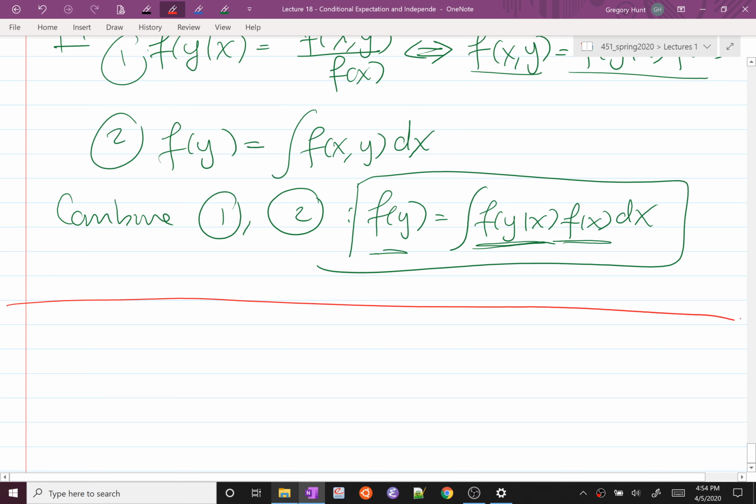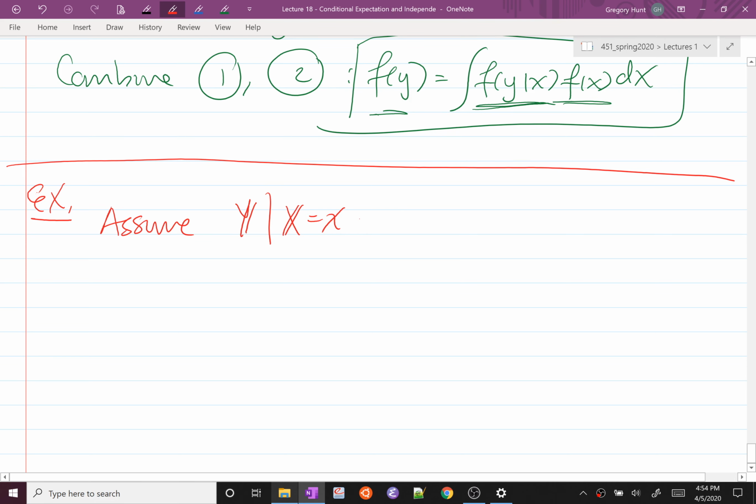Assume that if I know the value of x is some little x, y given x has a Poisson distribution with parameter x. And then I'm going to specify the marginal: x marginally has an exponential distribution with parameter lambda.